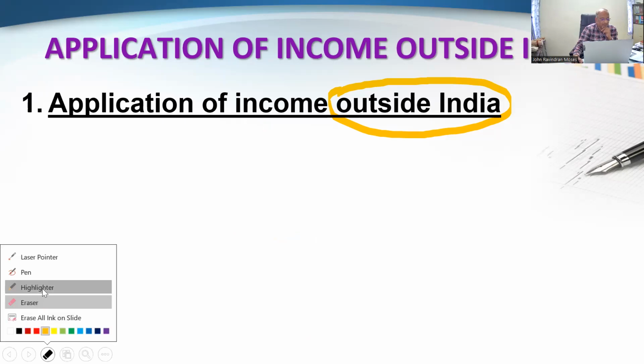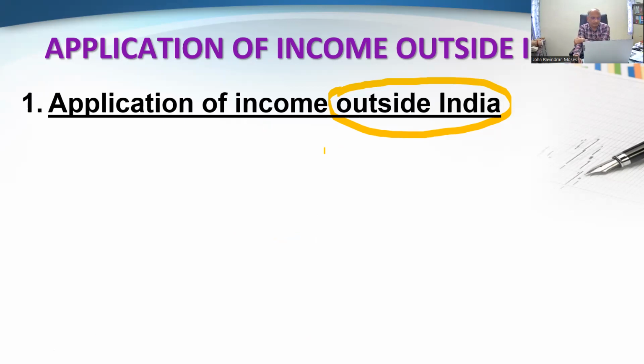Supposing when I travel outside India for fundraising, that will not be application of income outside India. Because I have gone there to raise funds which will come into India, and with that, I want to do charitable or religious activity.